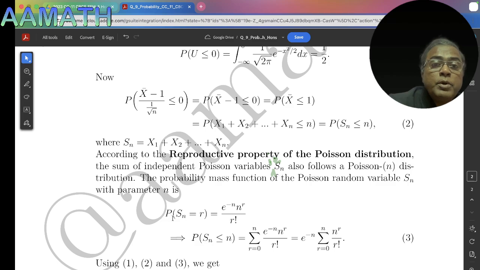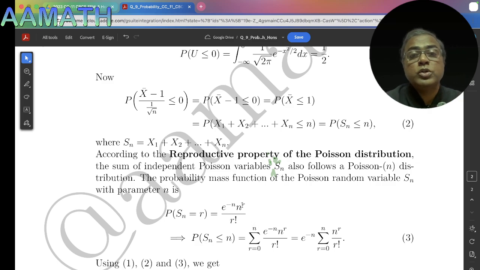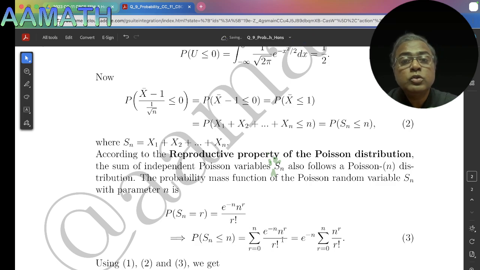So the probability of Sn less than or equal to n means r equal to 0 to n, since the Poisson distribution starts from r equal to 0, 1, 2, ..., n. Less than or equal to means the sum of all these values. So it is the summation r equal to 0 to n of e to the power minus n, n to the power r by r factorial.